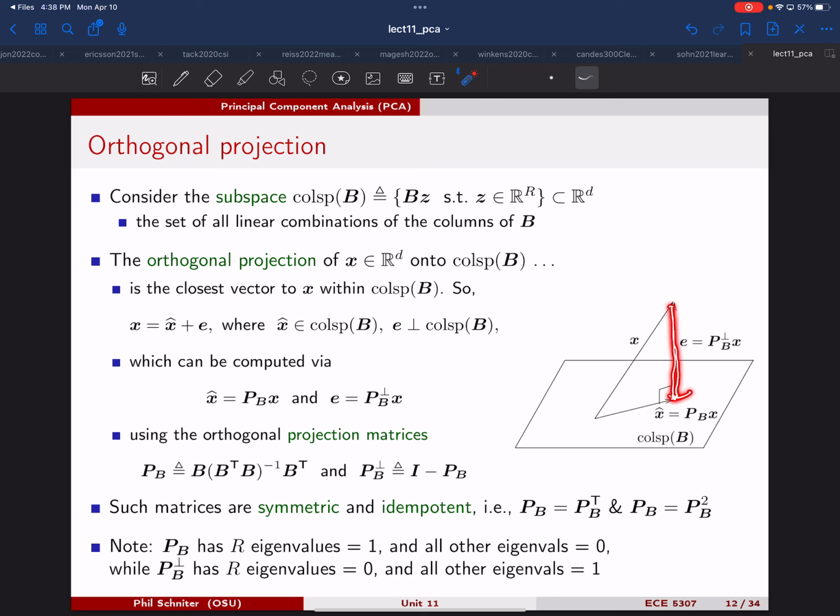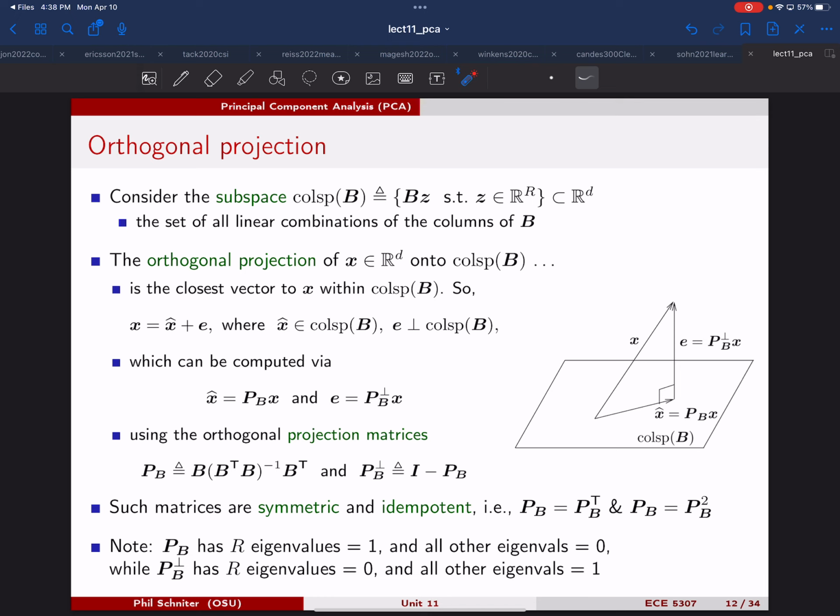And if I try to move it in any direction from here, that error vector, the distance from here to the plane, will only get larger, right? So this is the best it can be, when the approximation error, the difference between x and the point in the plane, is orthogonal to the plane. I think you probably have seen that in different forms throughout different classes in the past. So in terms of linear algebra speak, the way you describe this is you talk about a subspace.